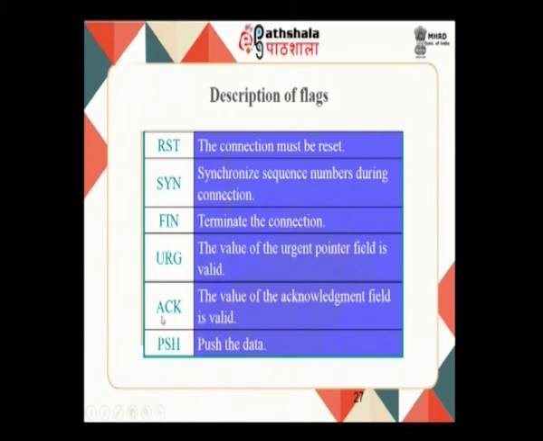So, this push is typically used when the application is telling TCP do not wait for data to be accumulated, but just push this data out. Similarly, on the other side, as soon as the push data is received, it has to be delivered to the application immediately. That is what is done with the help of these flags. So, with these flags and the basic fields that we have in the header, TCP takes care of all the other features that we have.